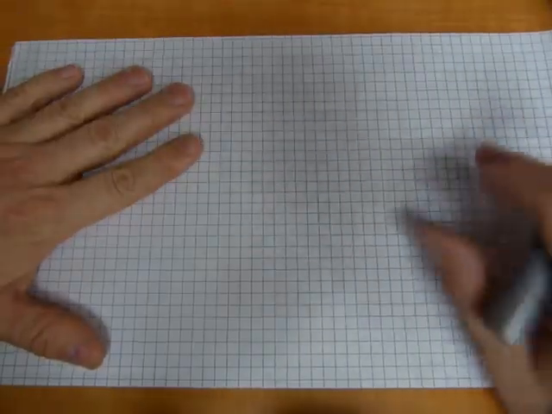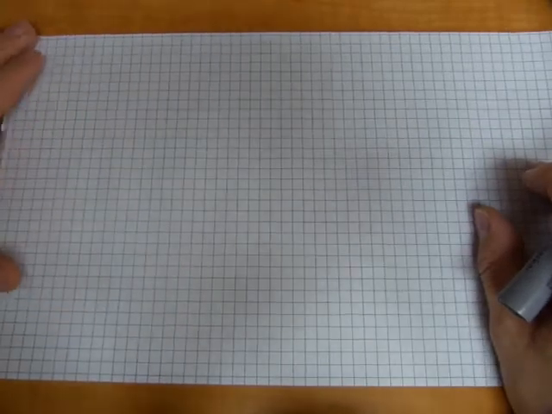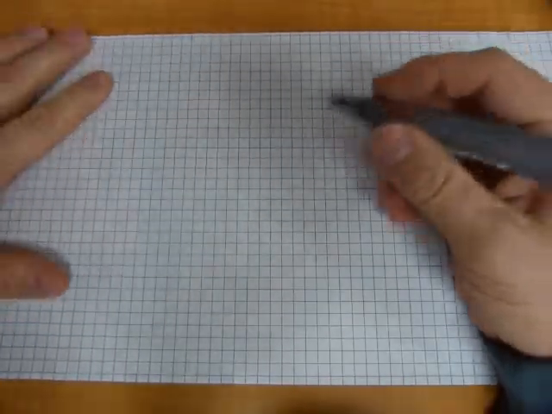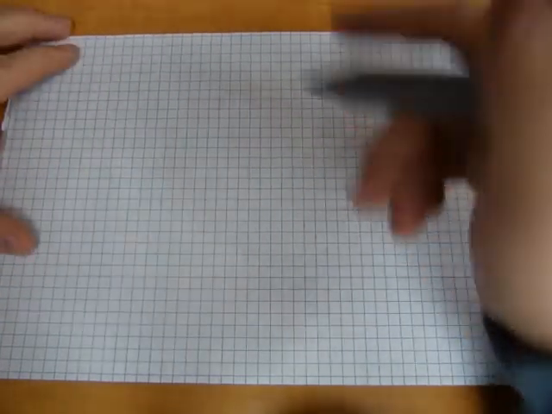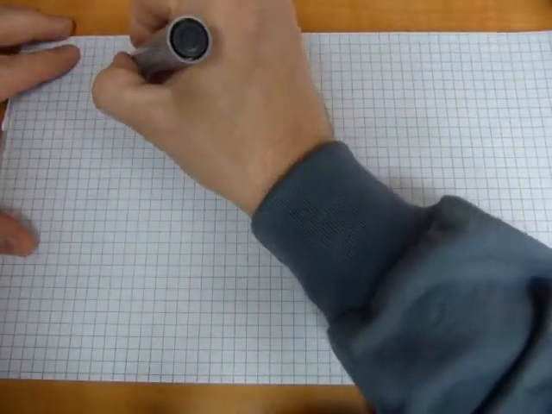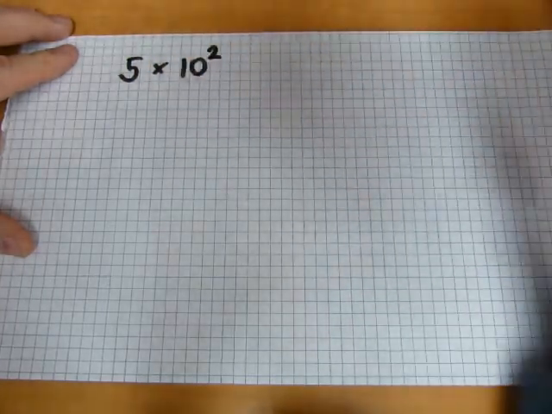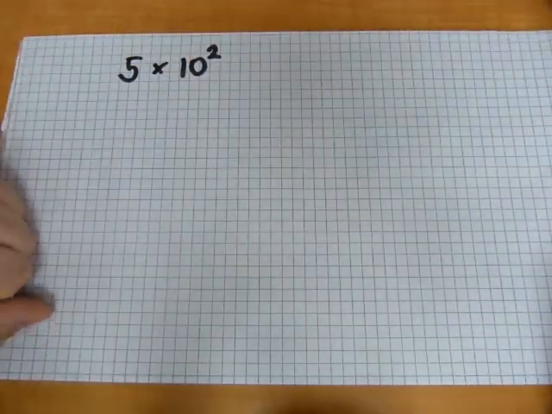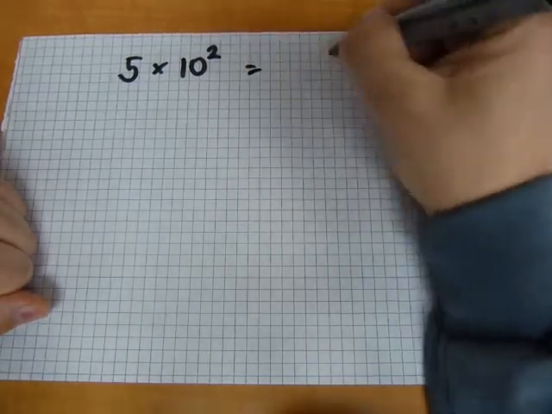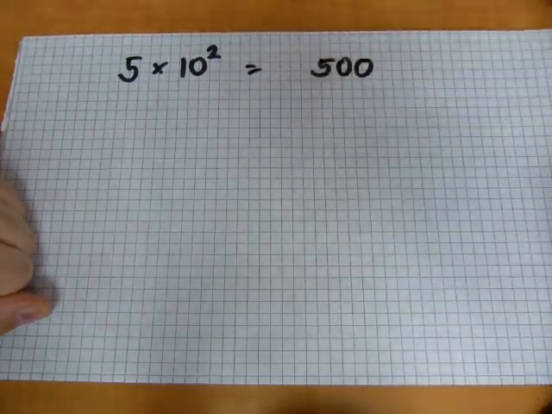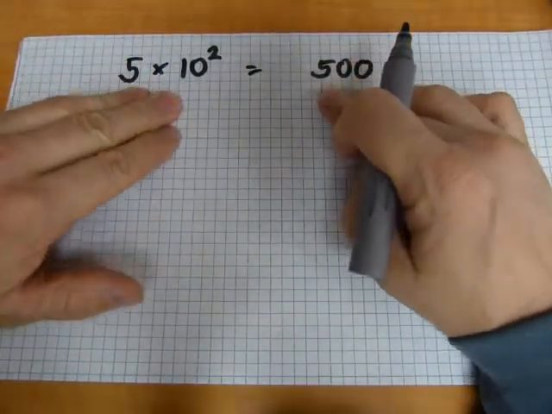On the last page here, I'm going to explain scientific notation using the multiples of 10 or the exponents of 10. For example, the number 500 can be written this way, or it can be written this way. Both of these mean 500.